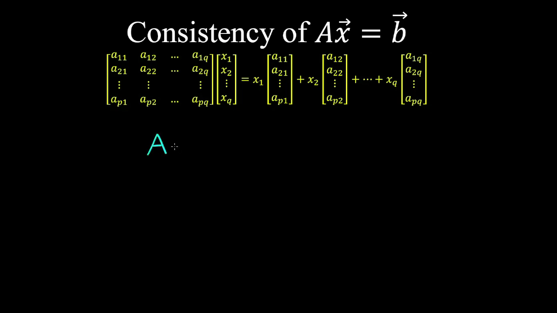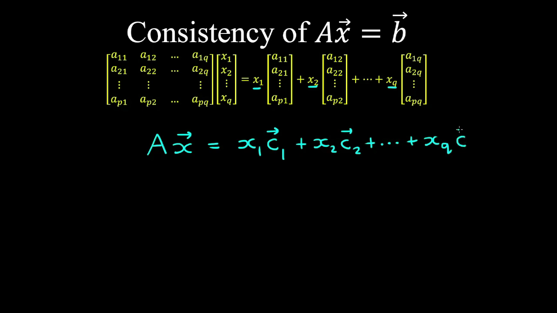Recall that the matrix product A multiplied by X can be written as a linear combination of the column vectors. So that would be x1 by the column vector 1 with the following components, plus x2 by c2, and so on, up to xq by the column vector in column q.